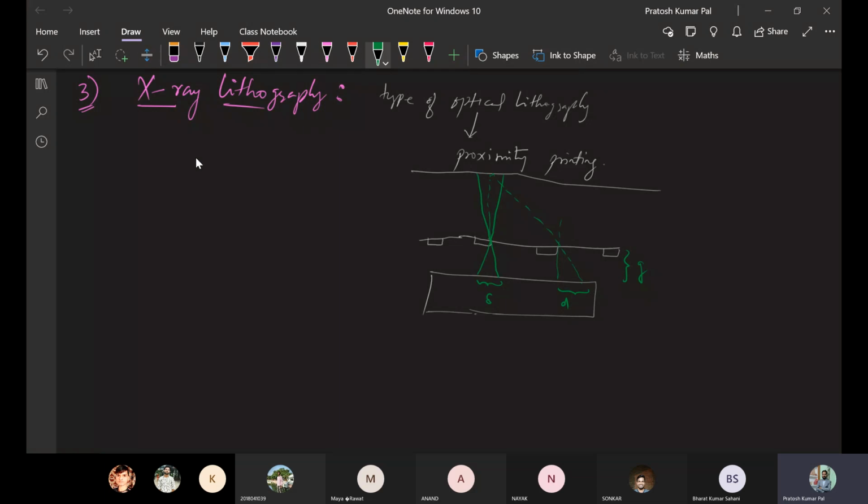And how the different setup lengths or dimensions are going to affect the quality of lithography, it defines here. So this L defines the distance between the mask and the X-ray projector.